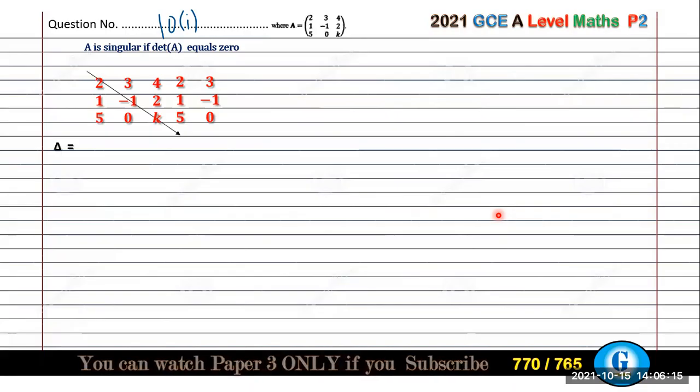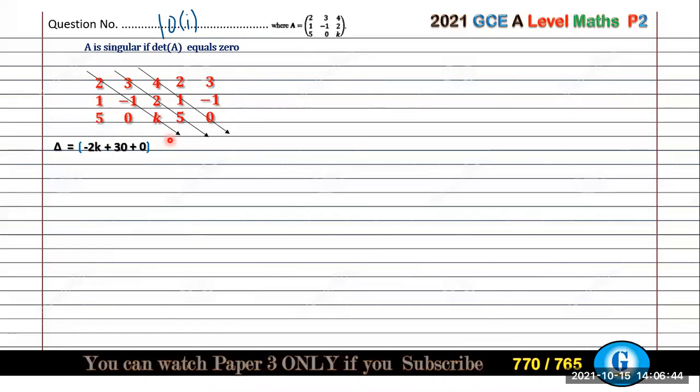Here, the determinant will be given by this. You write out this matrix, then you copy out the first and second columns again. So you copy out 2, 1, 5, this is it. 3, minus 1, 0. Then we get the product of each of the diagonal lines. So 2 times minus 1 times k gives us minus 2k. 3 times 2 times 5 gives us plus 30. 4 times 1 times 0 gives us 0.